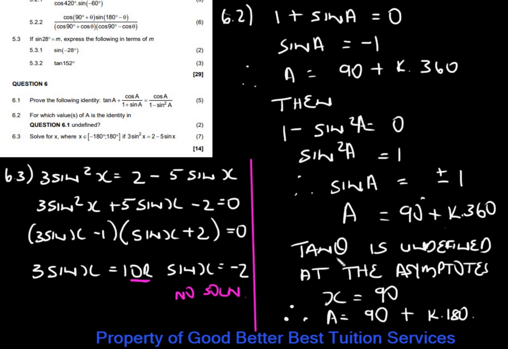So we are going to say that x is equal to 90 plus K180. Remember, it's K180 because of the tan function. The period of the tan function is 180 degrees, so therefore our answer is A is equal to 90 plus K180.